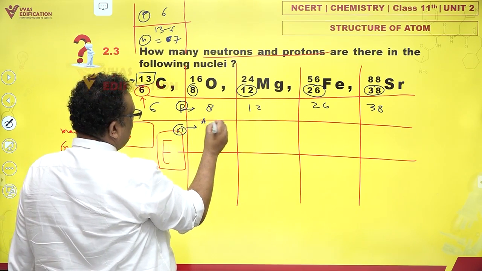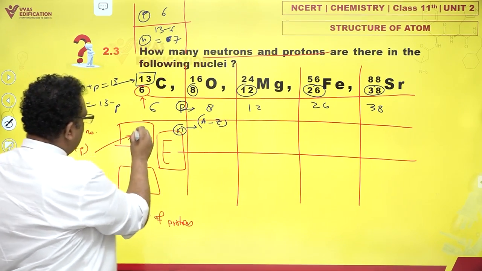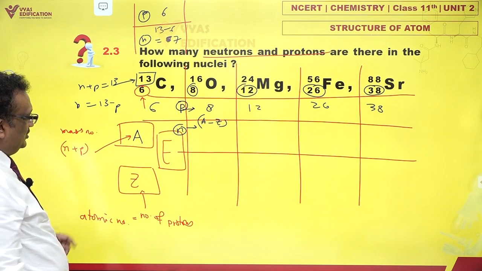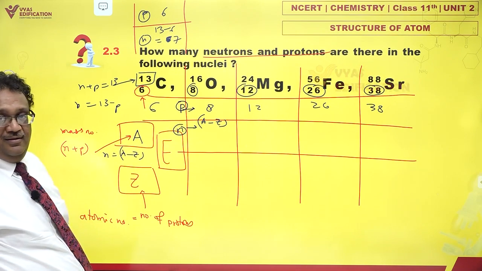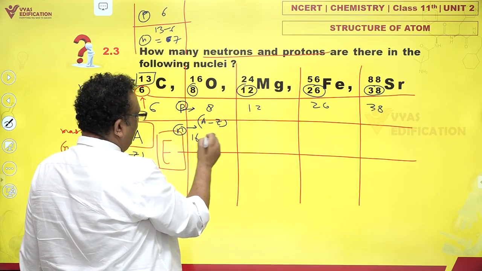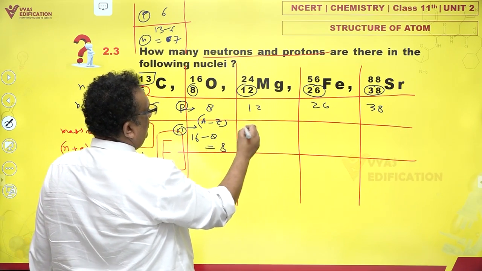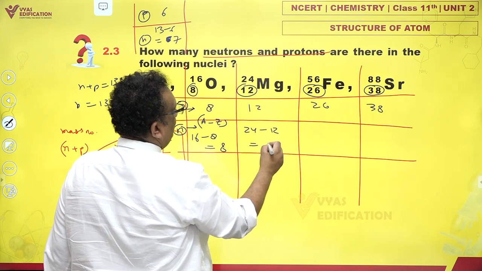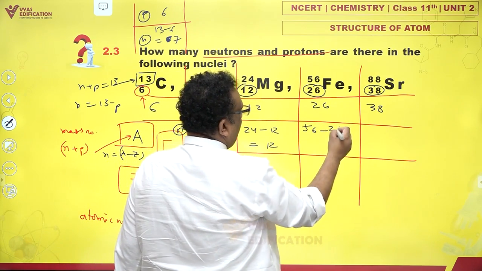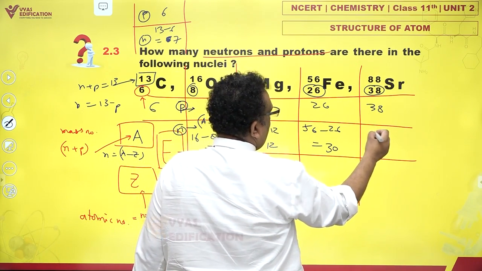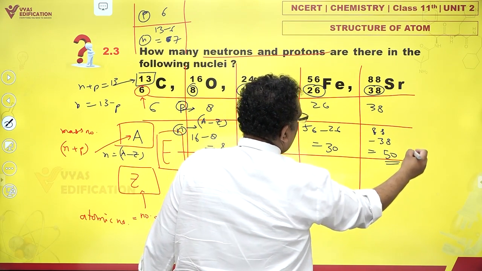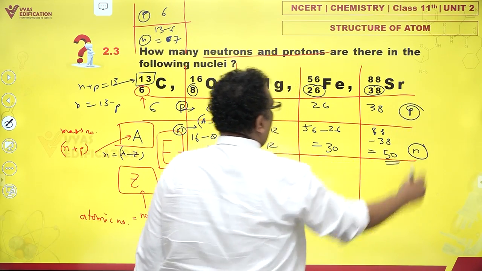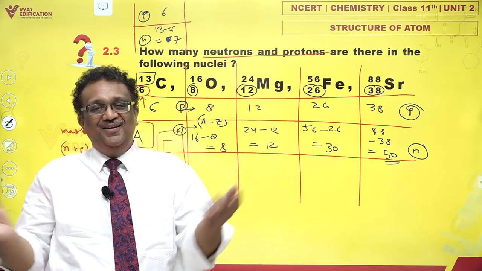Neutron is A minus Z. This is A, this is Z. Neutrons is A minus Z. So 16 minus 8, 24 minus 12, 56 minus 26, 88 minus 38, which is 50. These are the numbers here, and that's it.